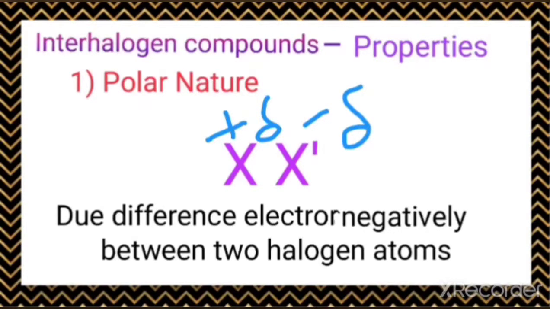So in interhalogen compounds, because of the small electronegativity difference between the two different halogens, they show polar nature. So we can say that there is some sort of polarity in the molecule because of the difference in the electronegativity between the two halogen atoms in the interhalogen compound.